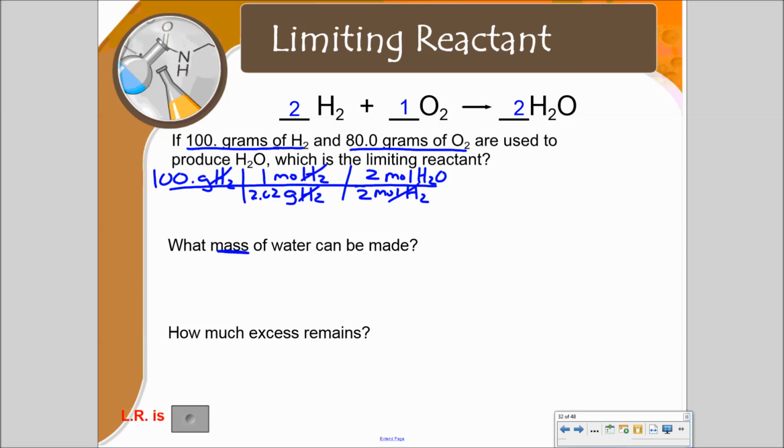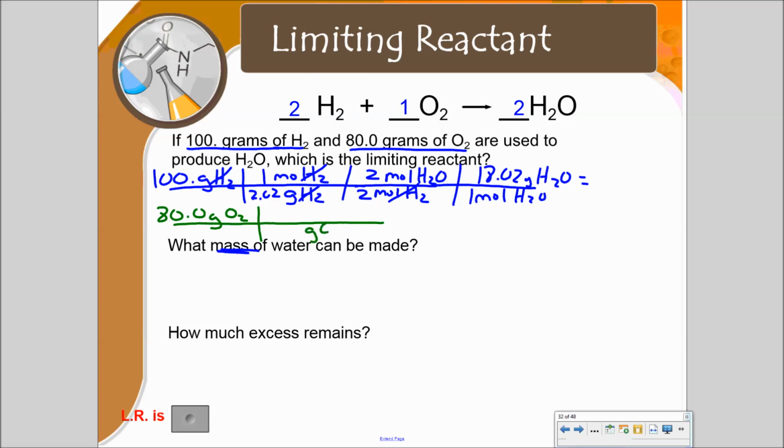If we stop here, the answer would be in moles of water, and you could determine the limiting reactant just by converting to moles, but because I know I'm going to have the mass of water, I'm just going to go ahead and do this other step here. I'm going to go ahead and set up the next one as well, so 80 grams of oxygen.